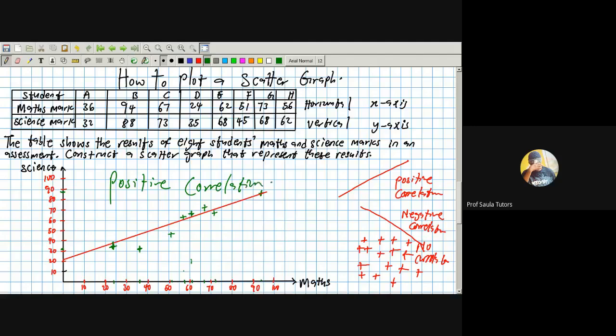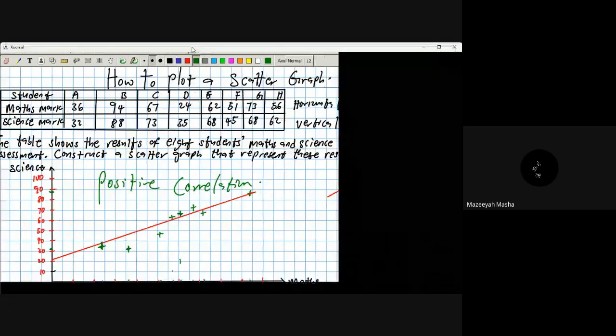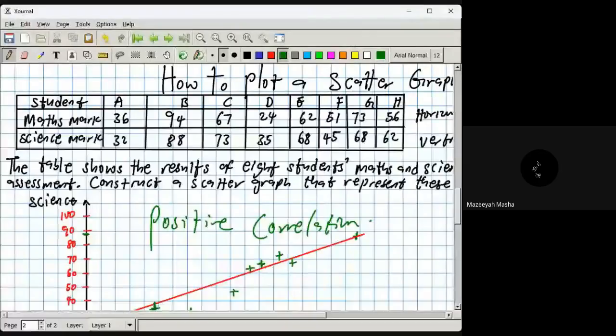Who's calling me? Okay. Please, I'm coming. Mr. Salah, are you using a website? I don't know if you use it, but it's BBC Bitesize, level scatter graph.